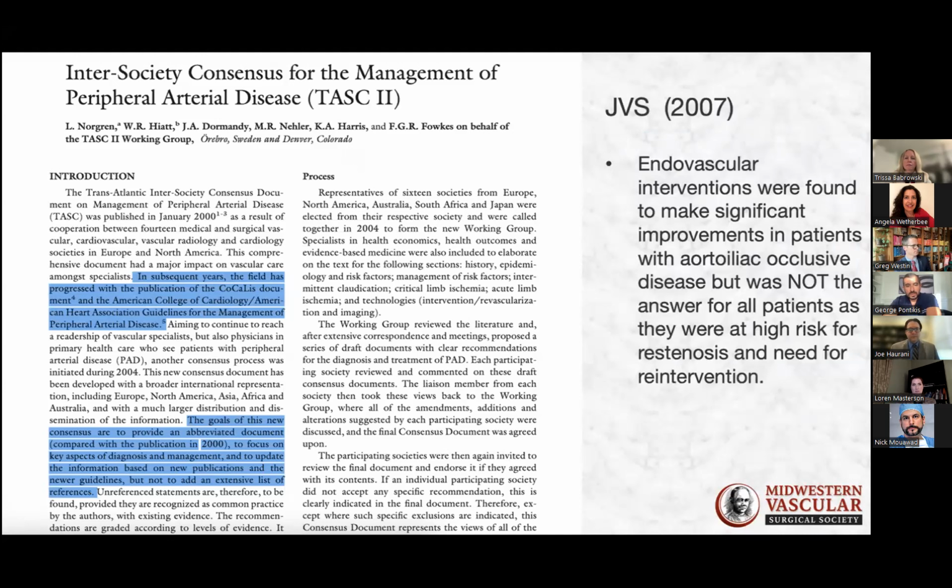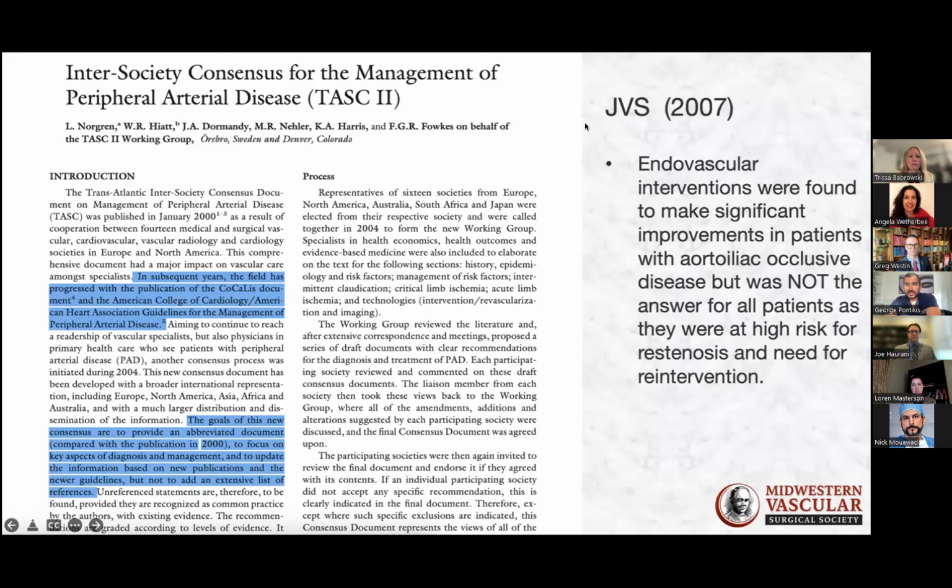In vascular, we try to come up with good materials for guidance, and based on the TASC guidelines, the goal is to provide updates every so often, assess all studies and references, and use experts to come up with a consensus.